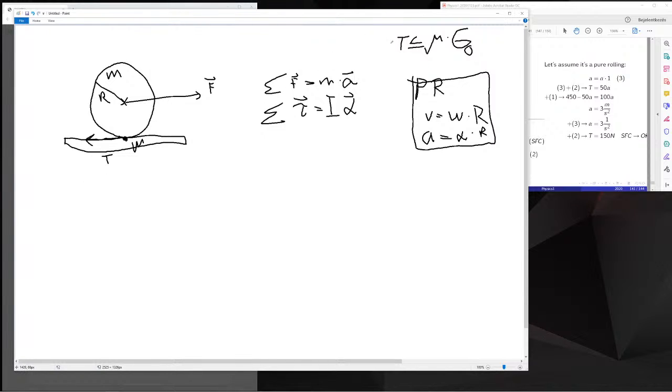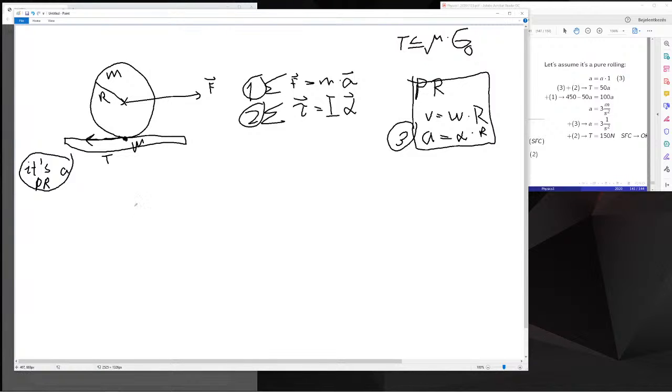Let's start to write the conditions. One is the translation, second is the rotation, and the third one is pure rolling. So we suppose it's pure rolling.